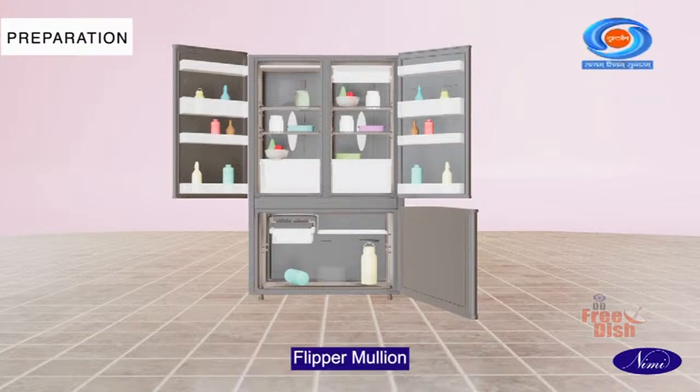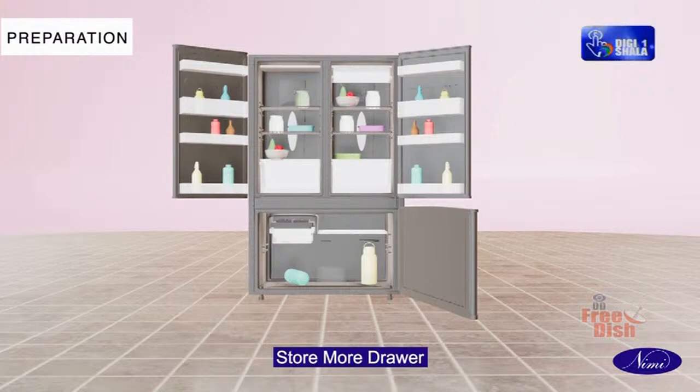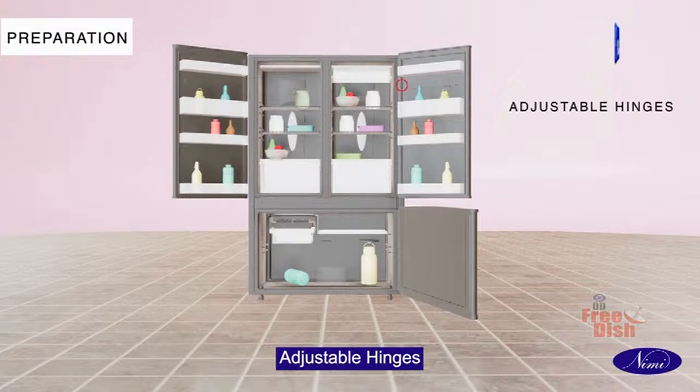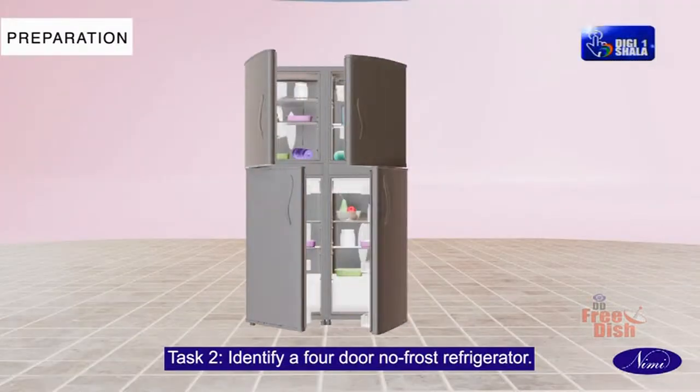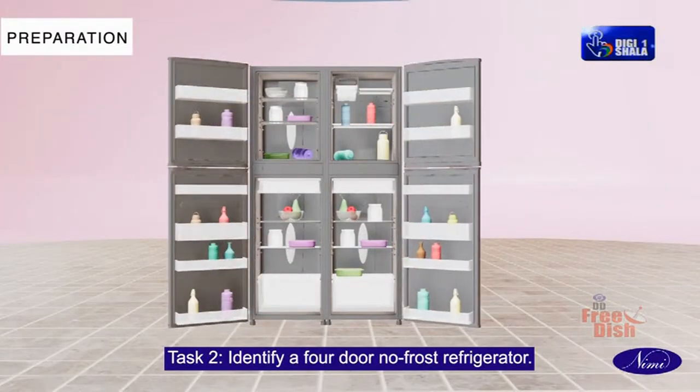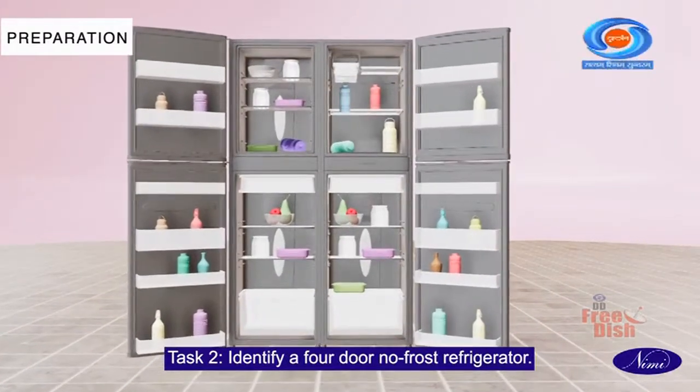Flipper mullion. Crisper drawer. Store more drawer. Door bin. Adjustable hinges. Freezer baskets. Toe grill. Task 2. Identify a 4-door no frost refrigerator.